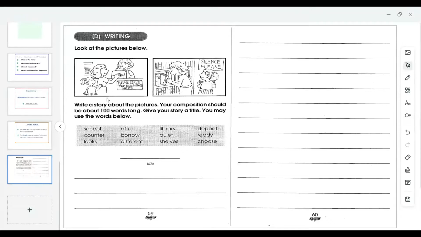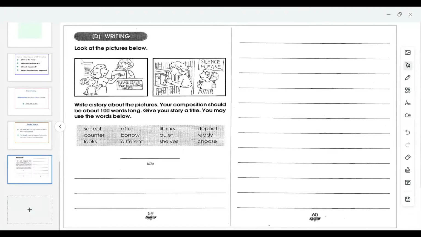When you see these pictures below, when you see these two pictures, automatically think, what is it? Where? When? Who is the character? Then think about the main idea.